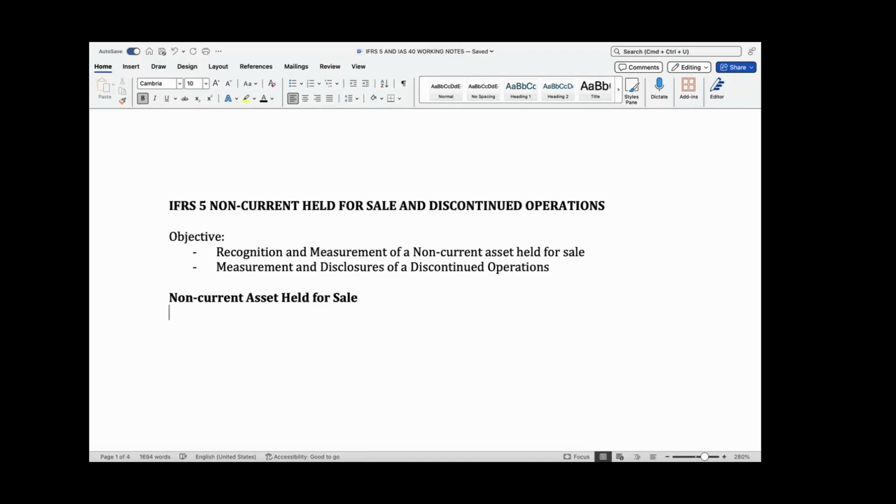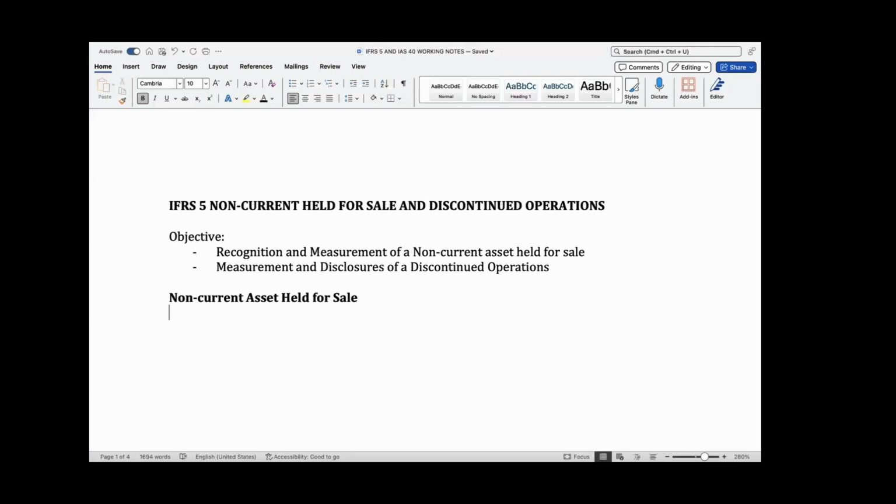When we say a non-current asset is held for sale, as the name implies, it means that the purpose, the objective of holding the asset is to sell it.